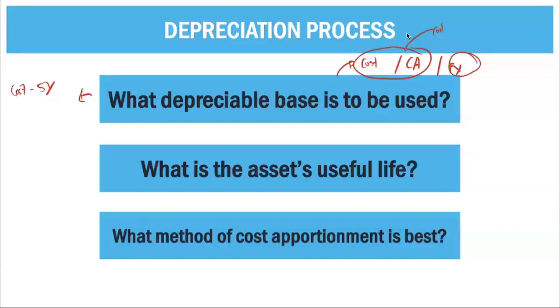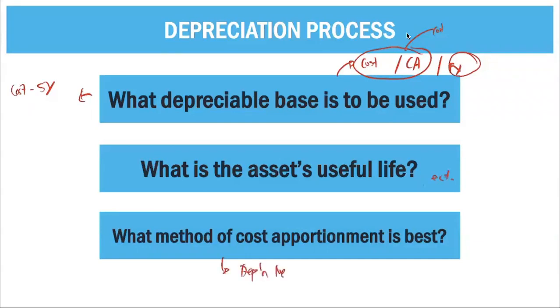Next, what is the asset's useful life? So we need to determine the useful life of the asset. Take note that when we talk about your useful life, that is not the physical life. When we say useful life, this is based only on your estimated life of the asset. And lastly, what do we need to consider in our depreciation process? The method of cost apportionment, meaning we call this your depreciation method.